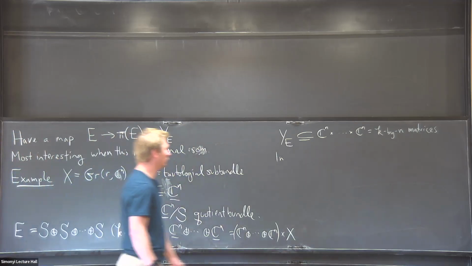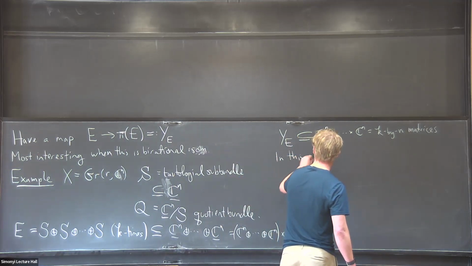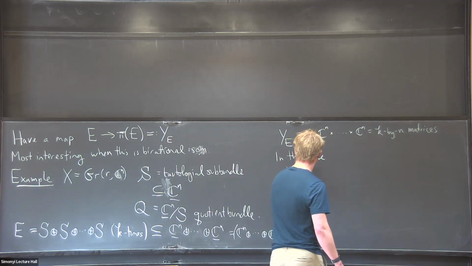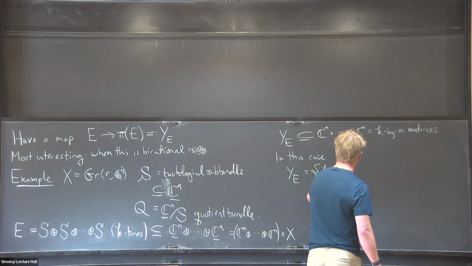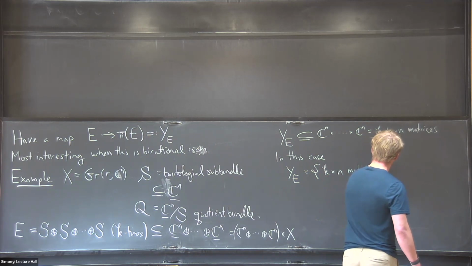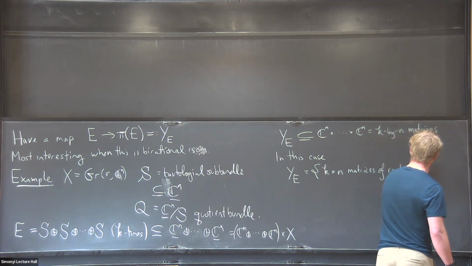Okay, so in this case, Y sub E is equal to the set of all K by n matrices of rank at most r.